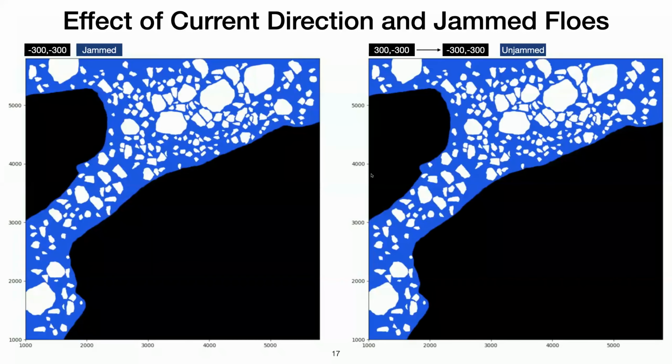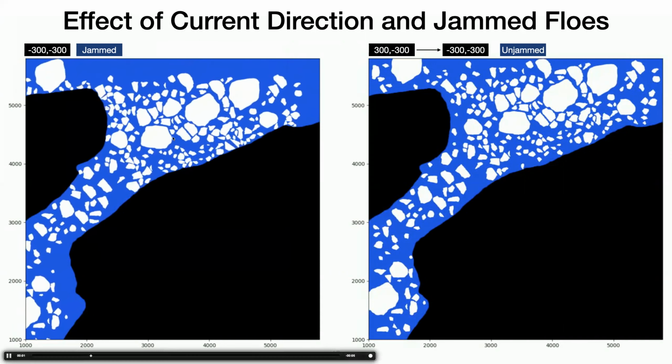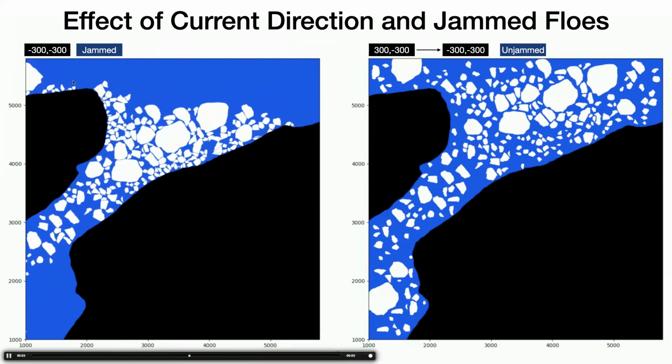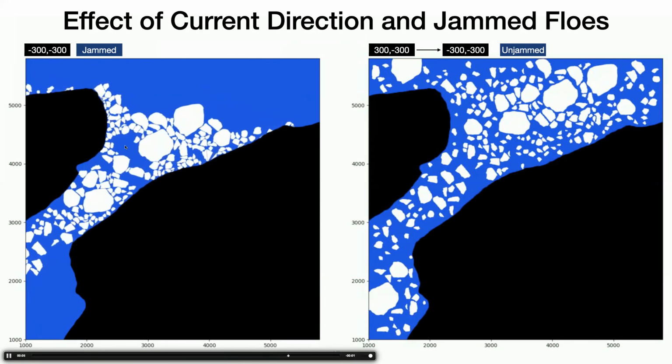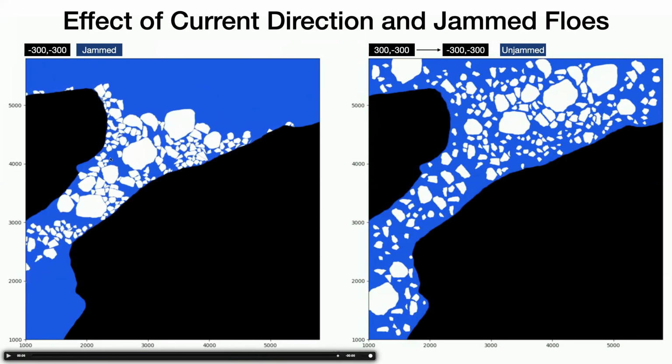Something else we wanted to explore was the effect of the currents and the jammed or unjammed combination that could happen at the entrance of the strait. For example, here, if we apply a higher density distribution of floes, you get some jamming if you use a constant current.